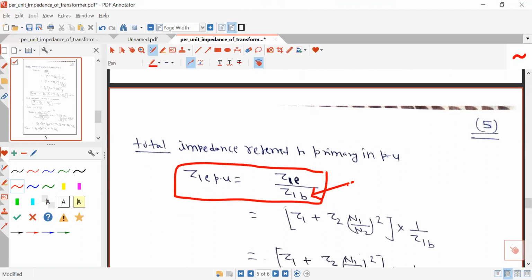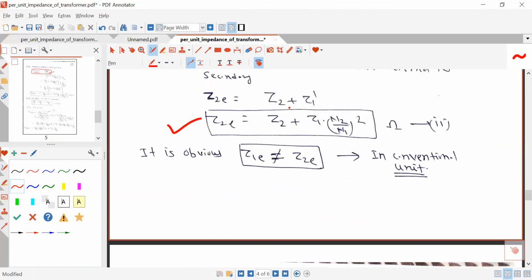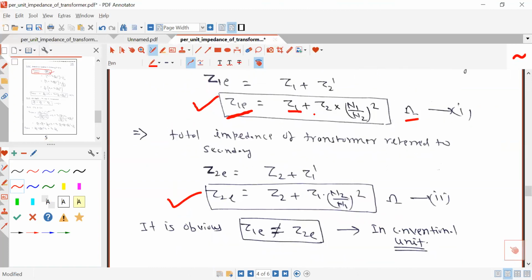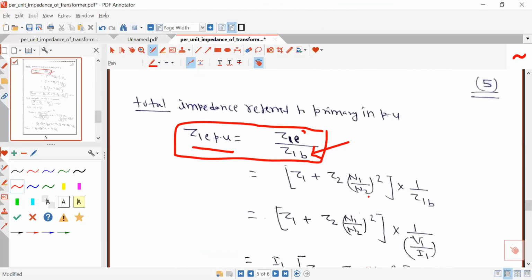Dividing by the base value, you will get the impedance in per unit system, and Z1E is already given here. Z1E is Z1 plus Z2 into N1 by N2 whole square. So in place of Z1E, you can write this divided by the base.